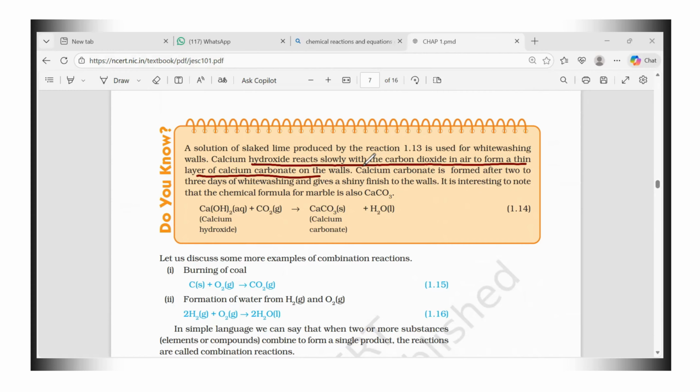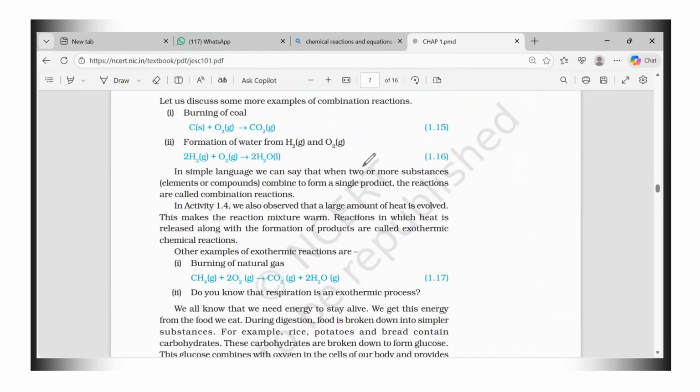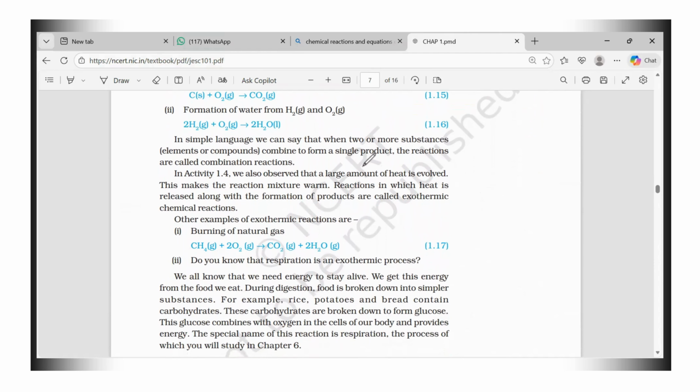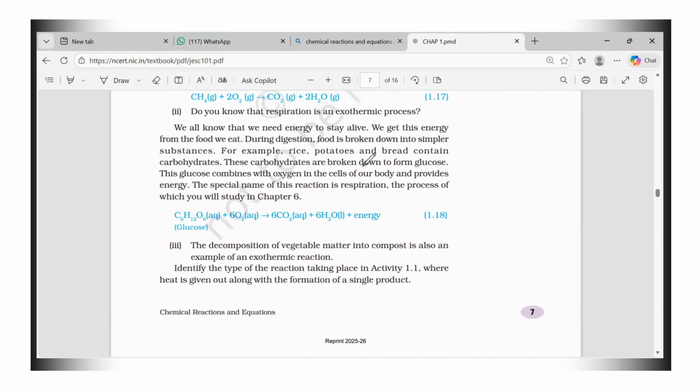Some other examples of combination reaction: carbon reacting with oxygen to give carbon dioxide, which is burning of coal. Then formation of water is a combination reaction. The reverse of this is splitting the water, which is decomposition. Burning of natural gas is combination. Now, there is the respiration process in our life processes chapter where energy is released in the cells.